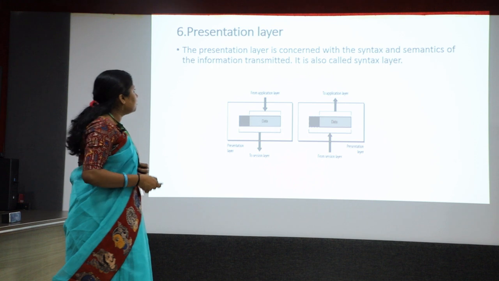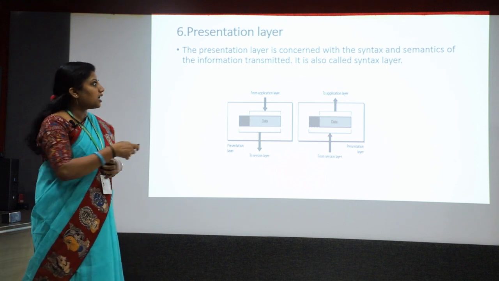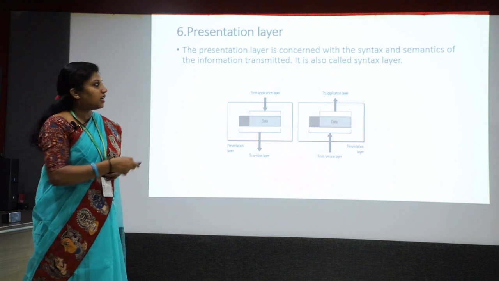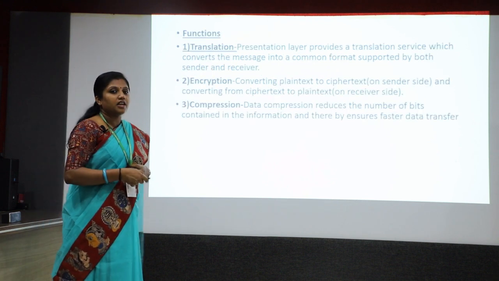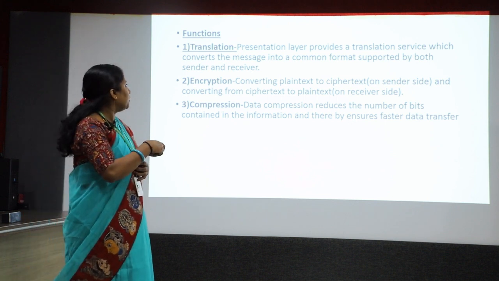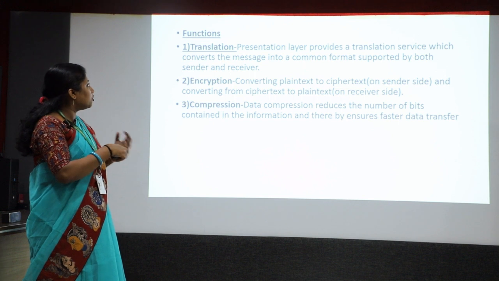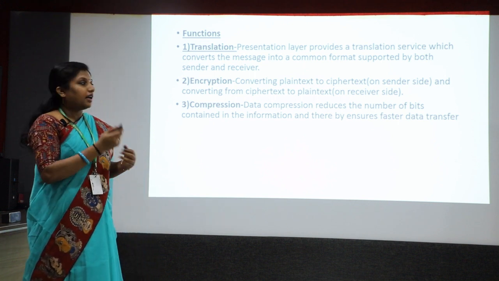So, next we will see the presentation layer. The presentation layer is concerned with the syntax and semantics of the information transmitted, and the functions provided by the presentation layer are translation, encryption and compression. In translation, the data communicated should be converted to a message that is commonly known to the sender and the receiver.